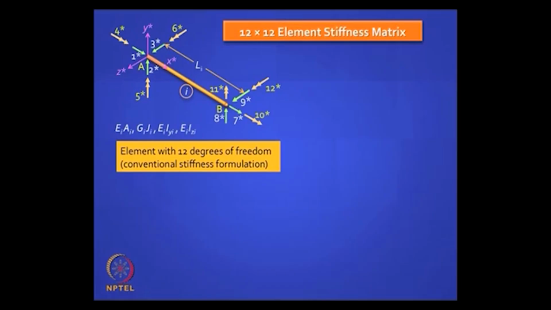So you have 12 degrees of freedom, 6 degrees in each node. Of the 6 degrees, 1 corresponds to axial degree of freedom, 1 corresponds to the torsional degree of freedom. They are pointing along the centroidal axis, the X star axis. Then you have 2 degrees of freedom to deal with vertical plane bending and 2 degrees of freedom dealing with horizontal plane bending.